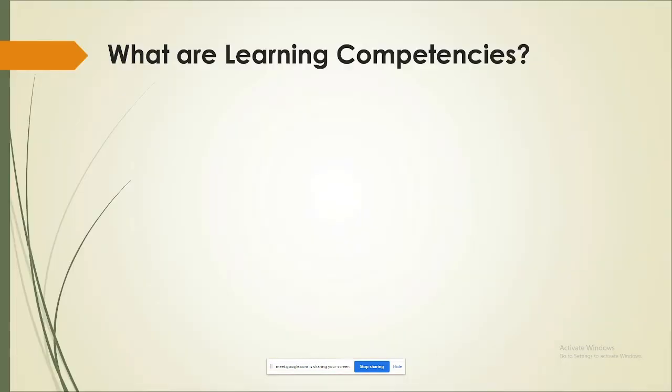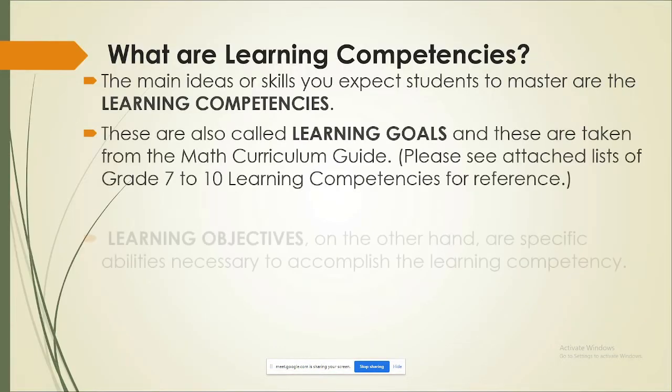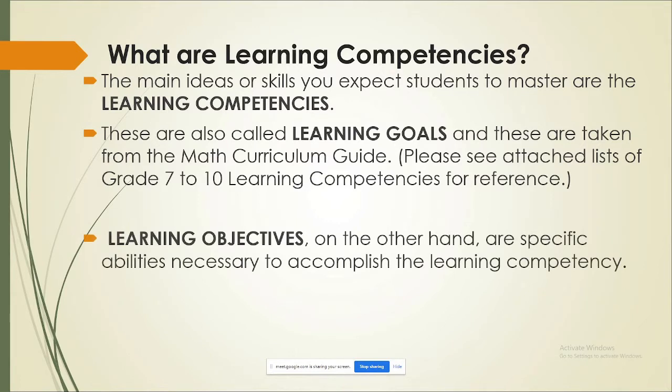We have learning goals, the learning objectives. These learning objectives are not found in the curriculum guide; they come from the learning competencies. We dissect the learning competency and break it down into smaller and specific targets.